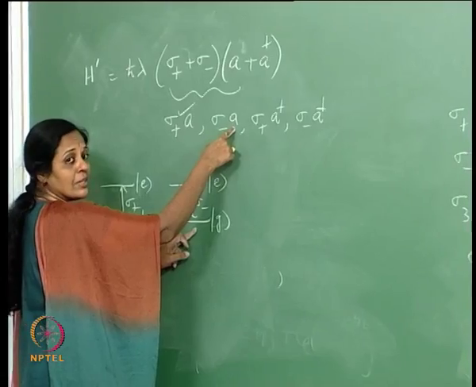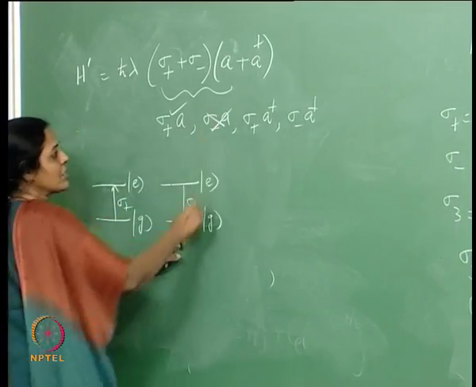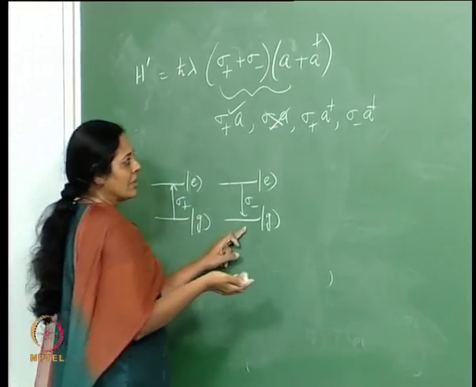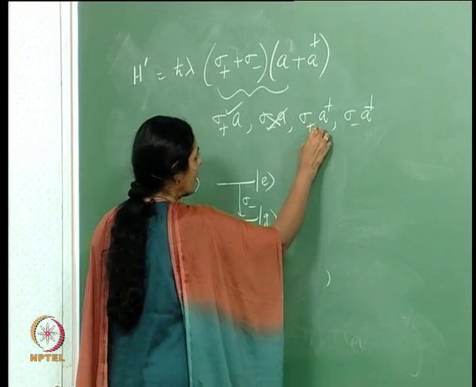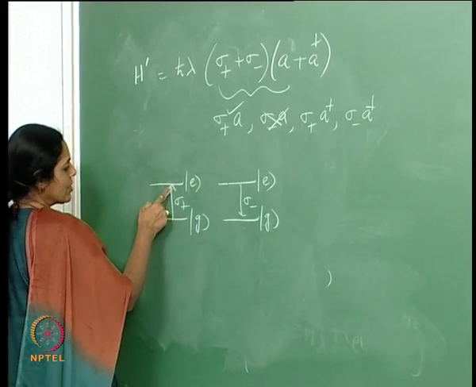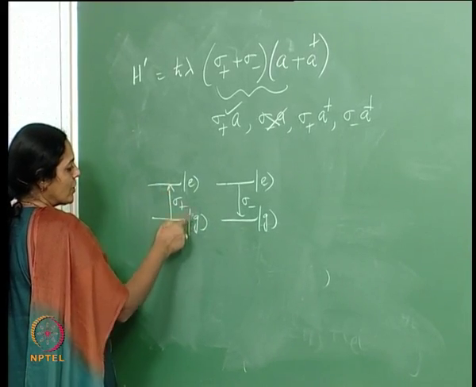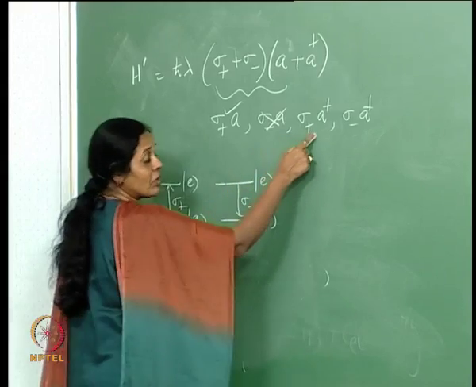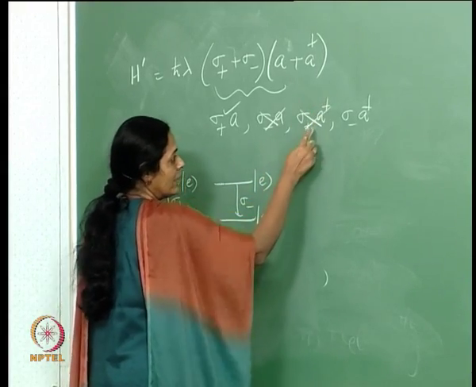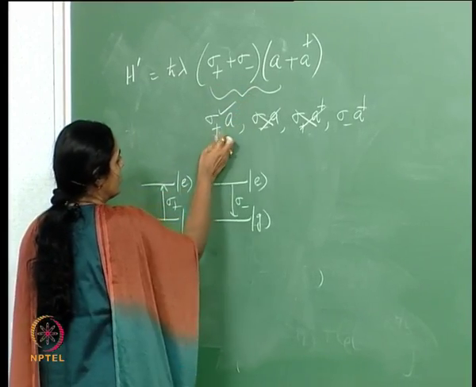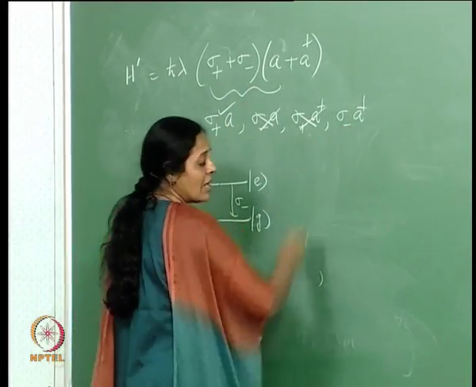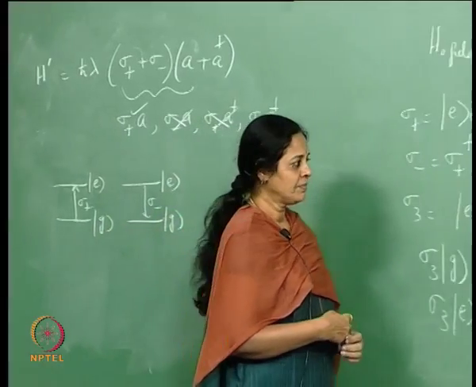A photon has been created, and therefore this term cannot be put in on physical grounds. Now look at this term. Sigma plus absorbs a photon so that G goes to E, but then the photon is not created. Again, on physical grounds, this term cannot be there. So what survives here is simply sigma plus A and sigma minus A dagger.